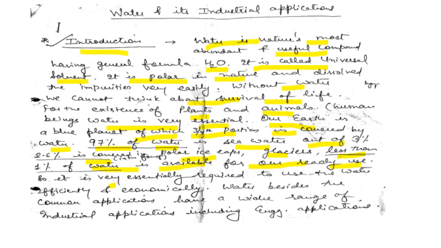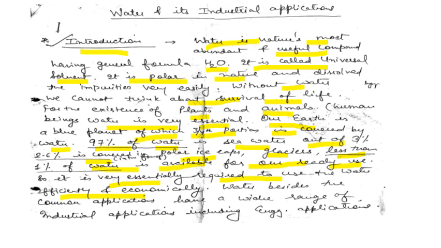So it is essentially required to use water efficiently and economically. As I have said previously, the main purpose of this unit is to remind you of the importance of water and how to use it economically and efficiently.